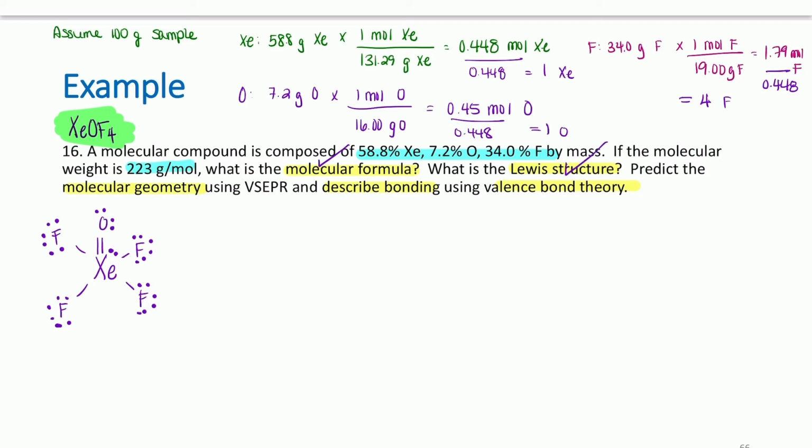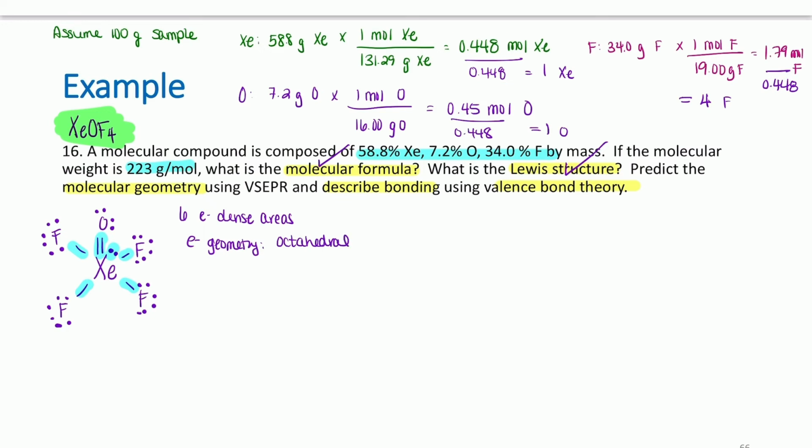Let's predict your molecular geometry. Well, I have 1, 2, 3, 4, 5. Remember, a double bond is 1. 6 areas of electron density, which means my electron geometry is octahedral.